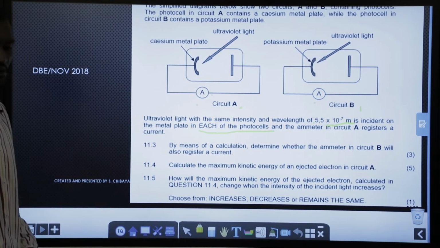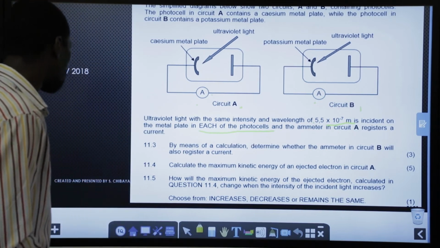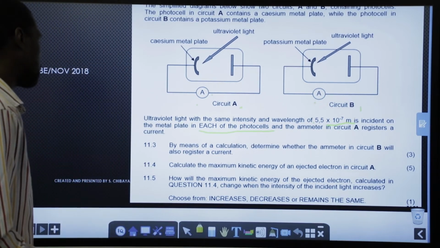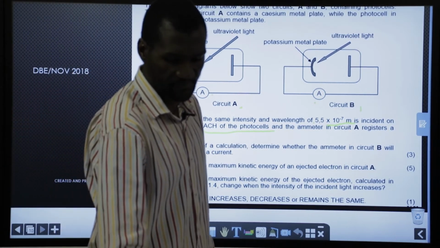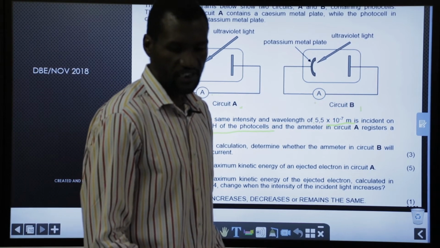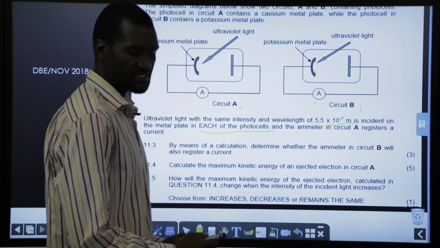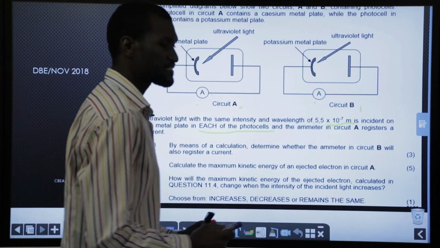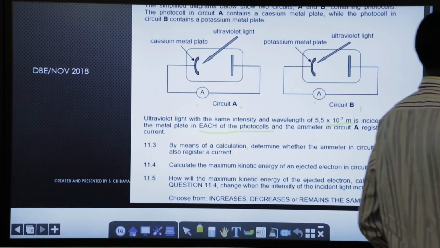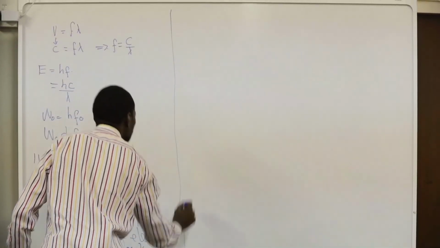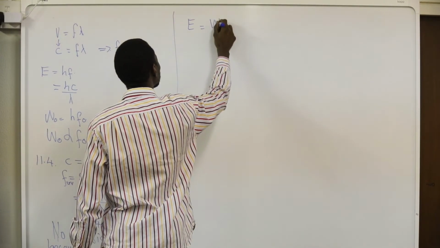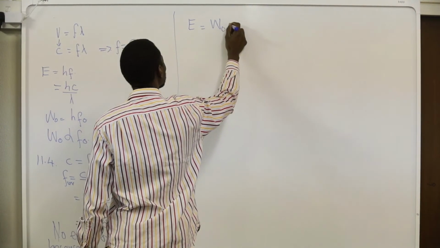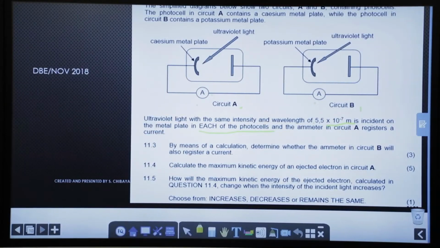1.14 then says calculate the maximum kinetic energy of an ejected electron in A. What do we already know? We know that from our formulas, the energy is equal to the work function plus EK max.